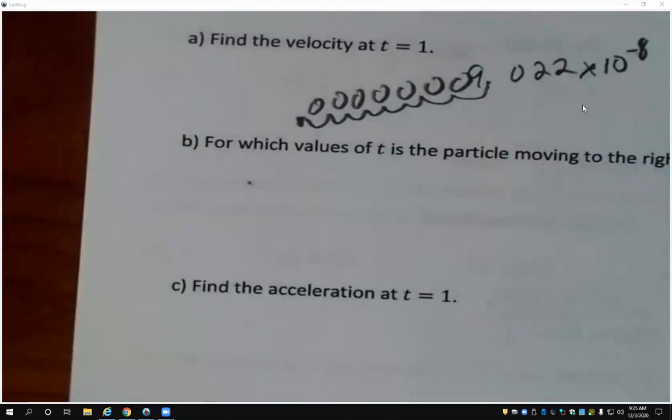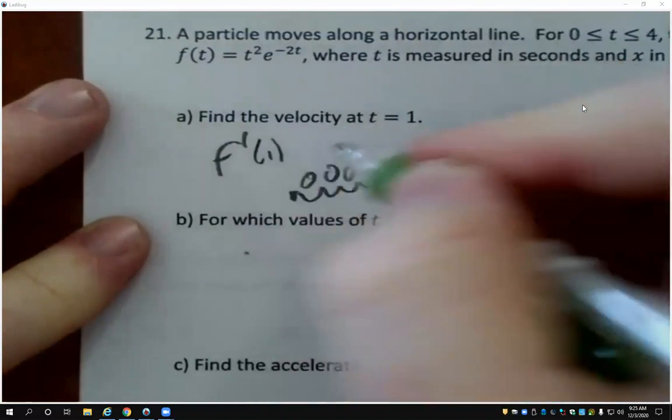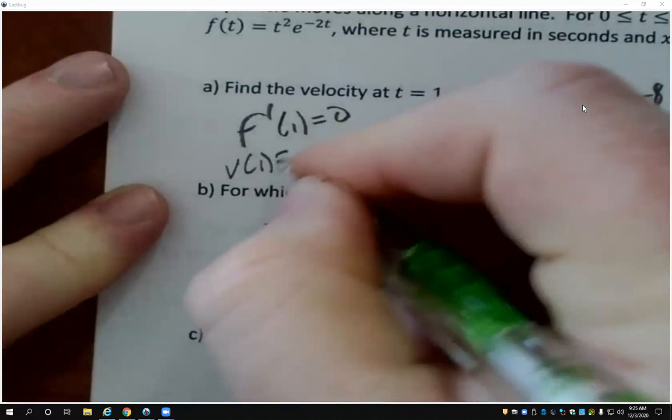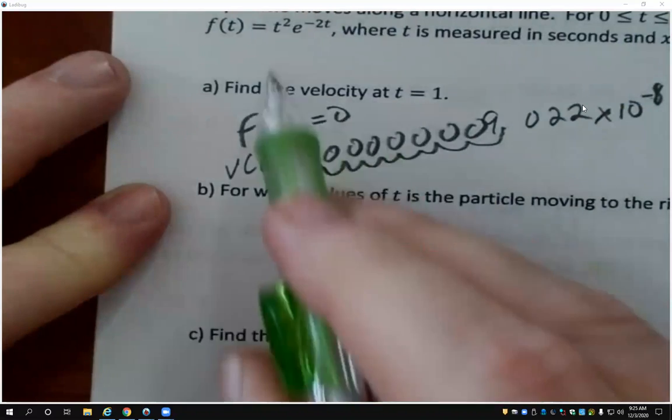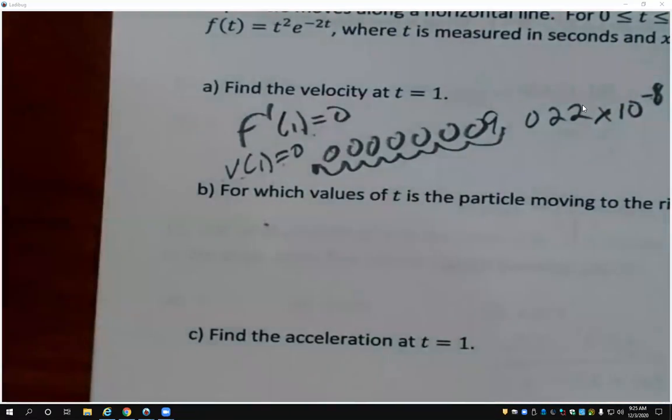What's the number 0.00000009022? It's 0. So the derivative here, f prime of 1, is 0. You can write f prime of 1 is 0 or v of 1 is 0. The derivative of position is velocity, or just write velocity is 0.